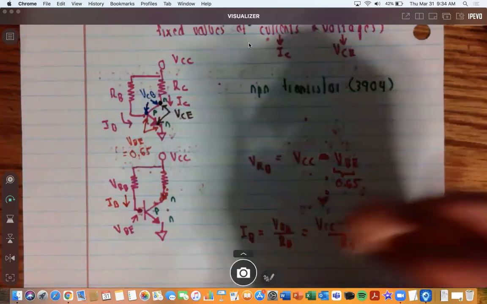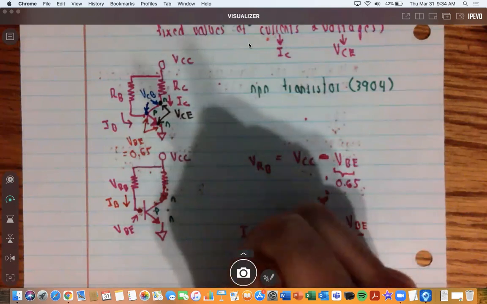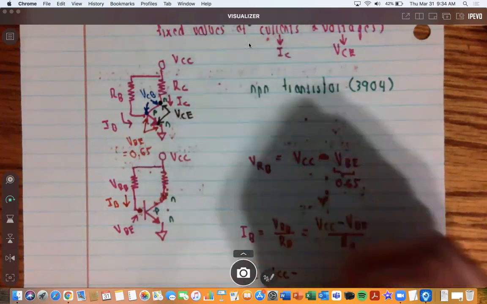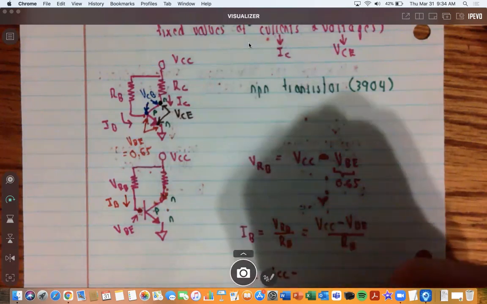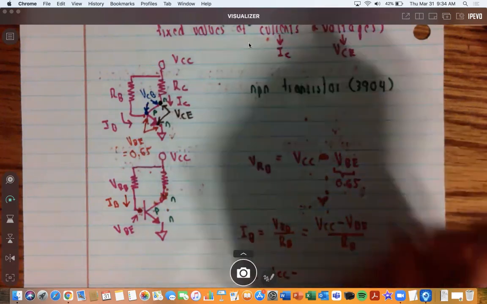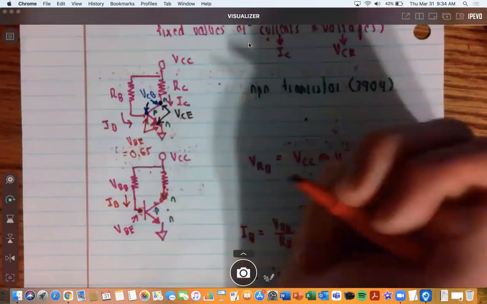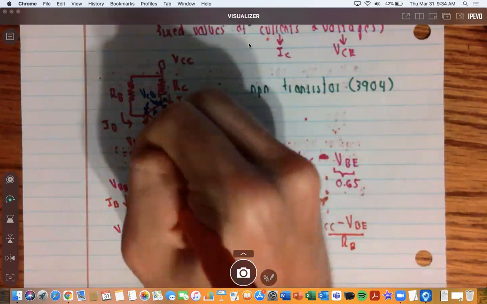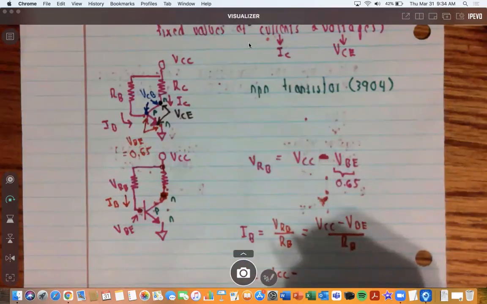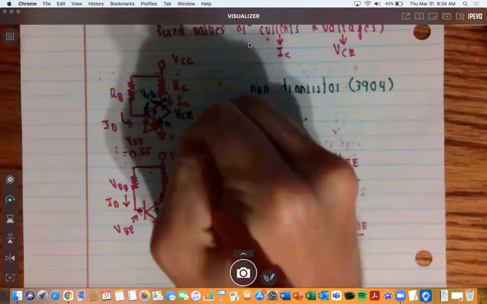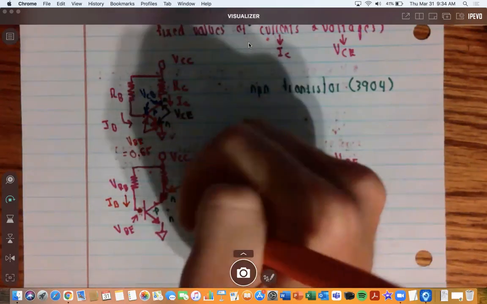And then the collector resistor, RC, is going to be equal to the power supply, VCC, minus the voltage at this point right here. These are the two that are between it. So this point is the collector with respect to the emitter.